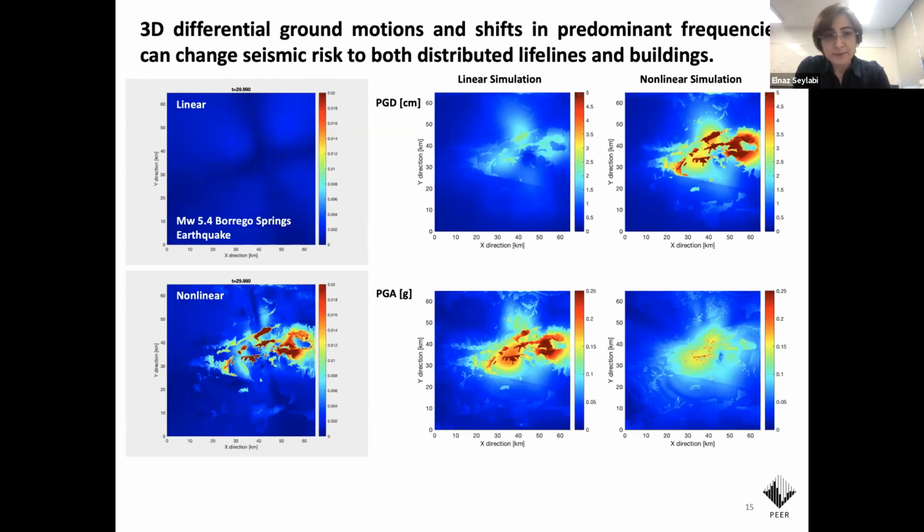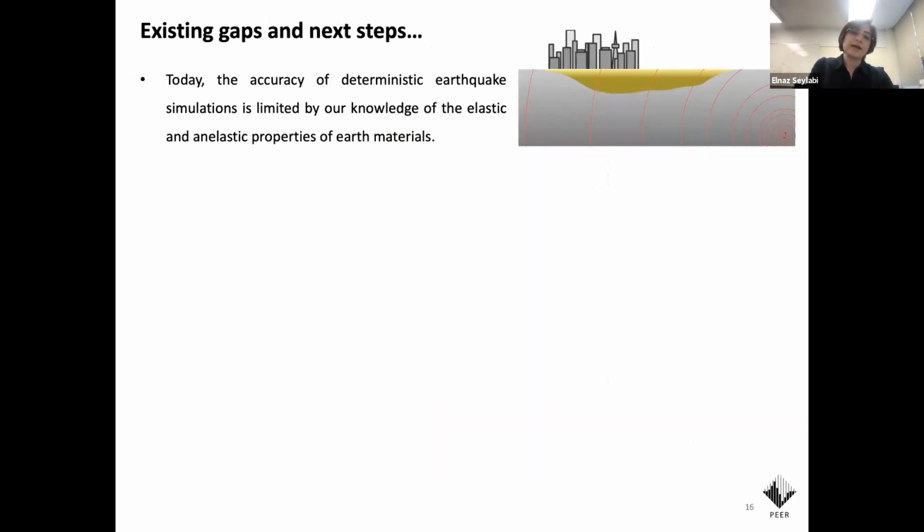But of course, we are at the beginning, and there are lots of gaps that need to be filled in the future. And I just want to emphasize again that today the accuracy of our deterministic earthquake simulations is limited to our knowledge of the elastic and inelastic plastic behavior of Earth's material, specifically the shallow crust. So in the future, we really need to focus on that part as we push to higher frequency and when we want to study the effects on our civil infrastructure.